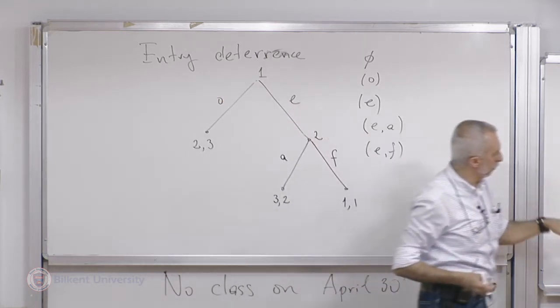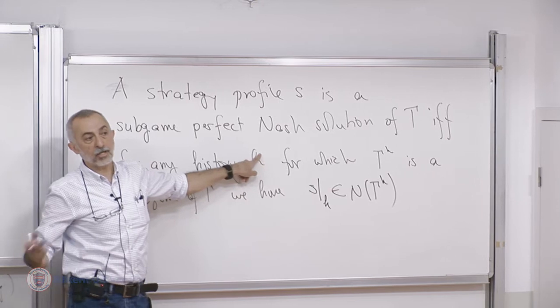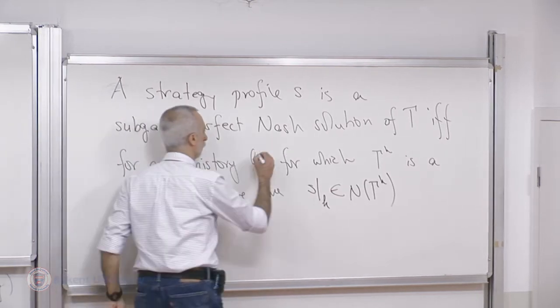When I came here, I just realized that there's something missing there. I'm sorry, I forgot something here, just when I was writing, I realized. For any history H at which an agent has to take an action, I have to add that.